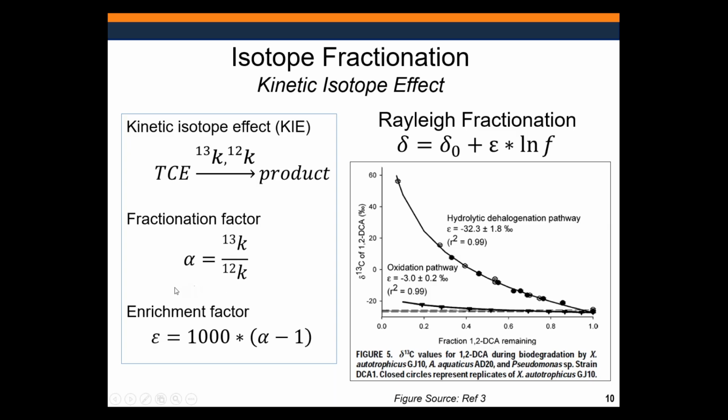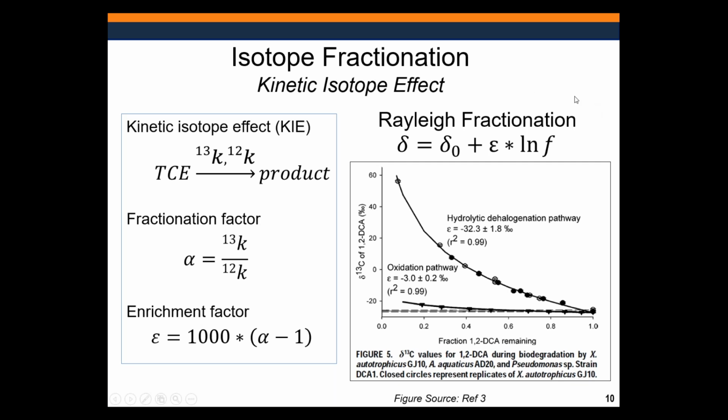And then we can rearrange this to what's called an enrichment factor, which is 1,000 times this alpha minus 1. What's most important here is that this enrichment factor is what we typically use to understand how much fractionation occurs during a biological process. Very frequently, this can be modeled by what's called the Rayleigh fractionation equation, or the Rayleigh equation.